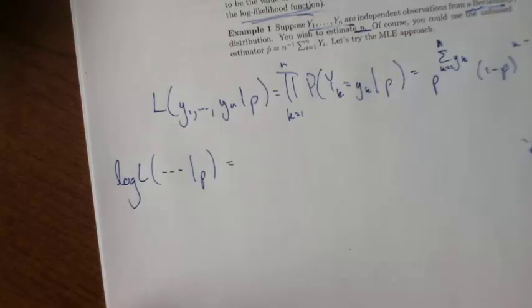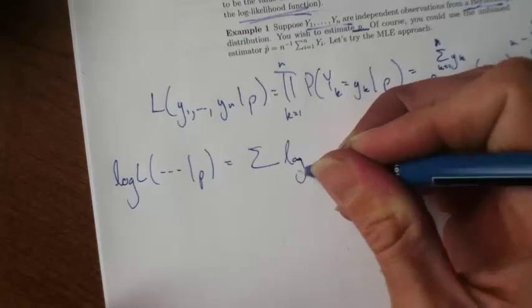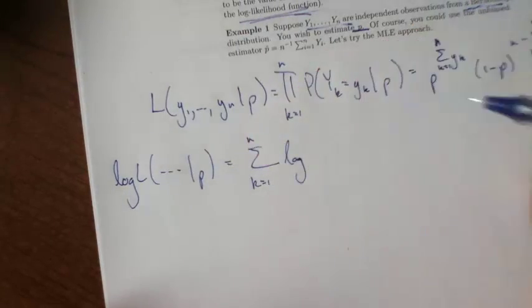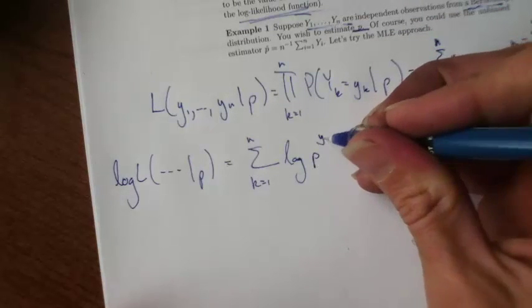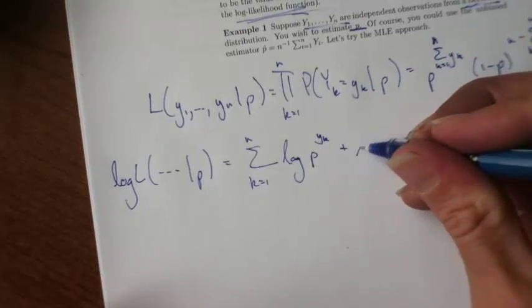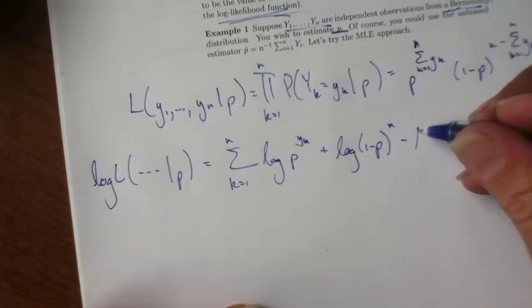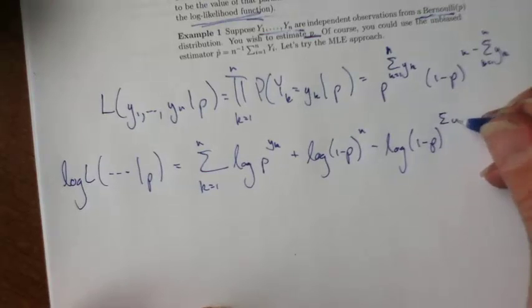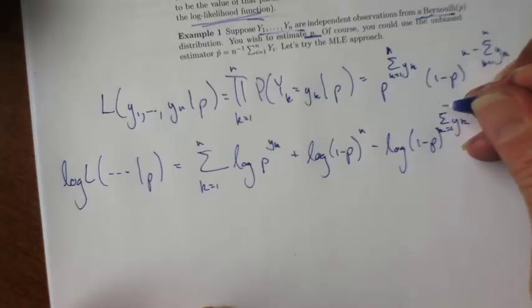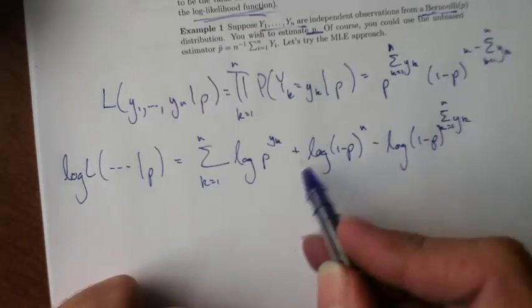Remember, the log of the product is the sum of the logs. So I'm going to get that this is the sum of, k goes from 1 to n, of the log of p to the y sub k, plus log of 1 minus p to the n minus log of 1 minus p to the sum of the yk, k equals 1 to n. Of course, I could bring this sum down, and I could bring this n down.